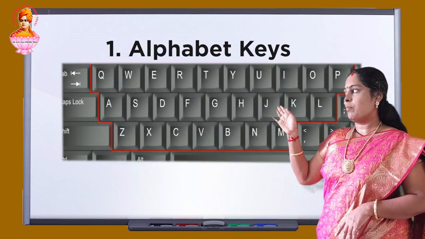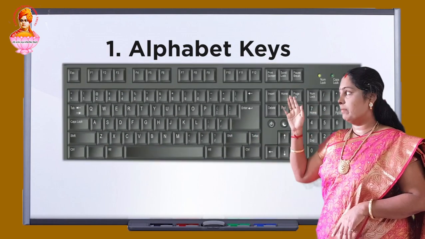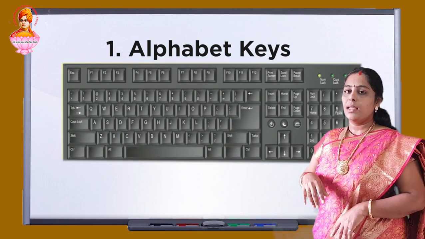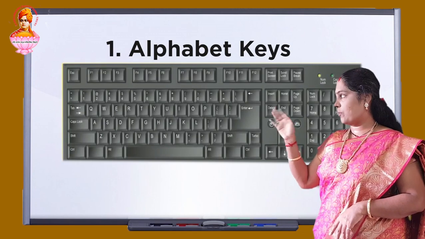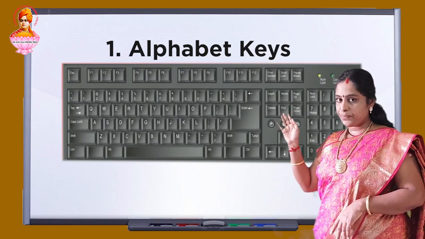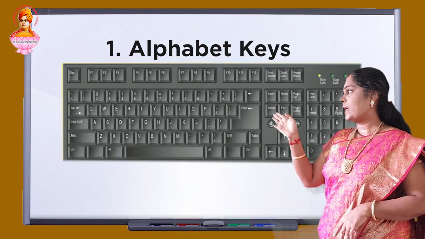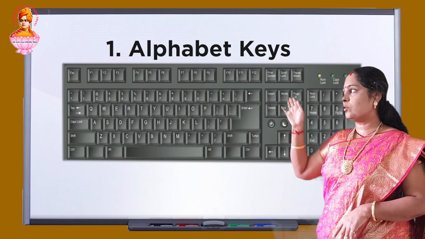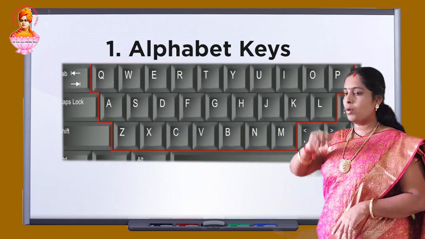So by using these alphabets, we can type many words, letters, and so on. See, by pressing these keys on the keyboard, we can see the text on our monitor. If you press any key on the keyboard, that letter is input to our monitor. As a result, we can see the output on our monitor.